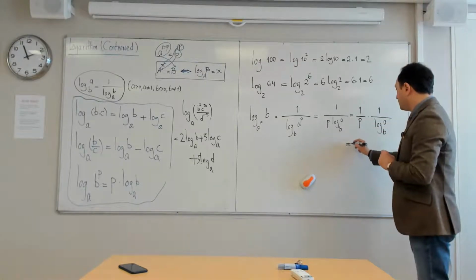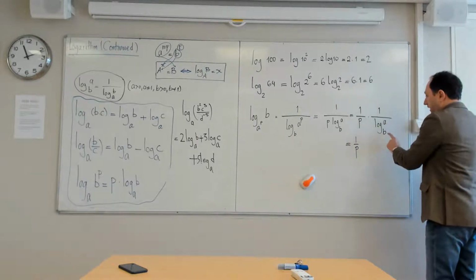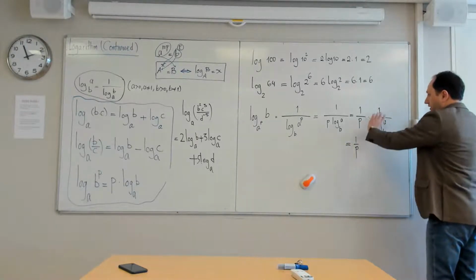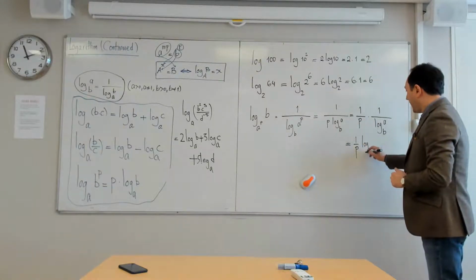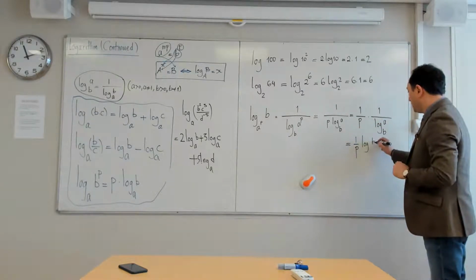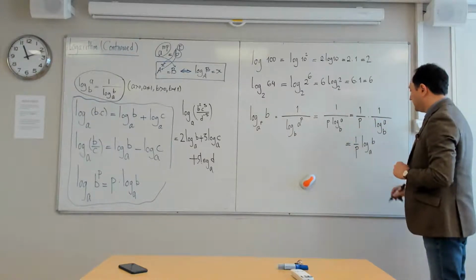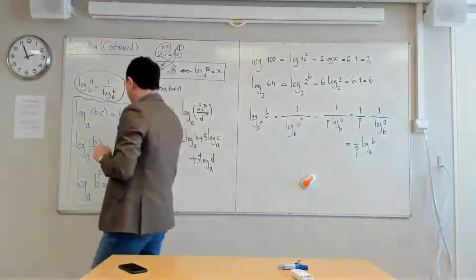So this becomes 1 over p times 1 over log of a in base b. 1 over that, I can bring it up again to have the same base and the same number. So b goes there and a goes here. So it is also the second nice formula which is missing in the book.